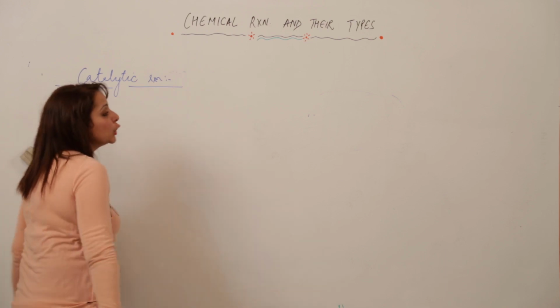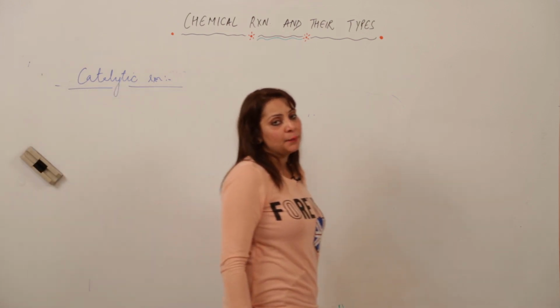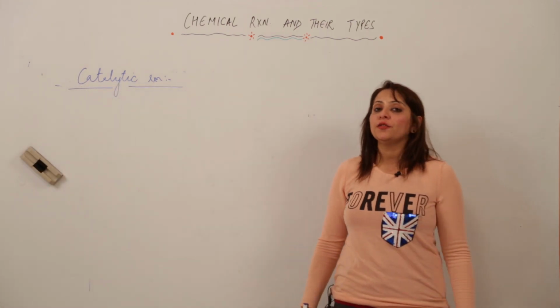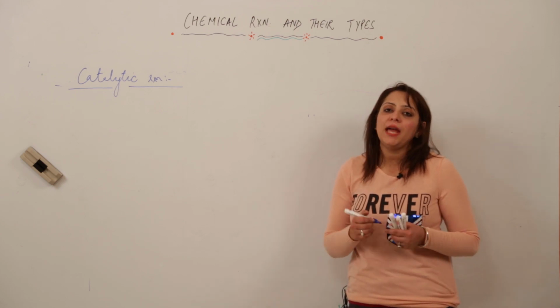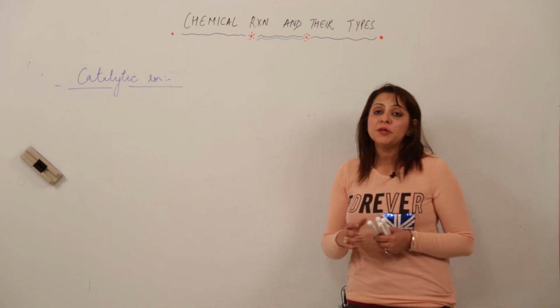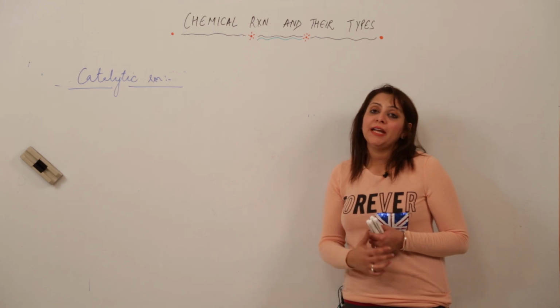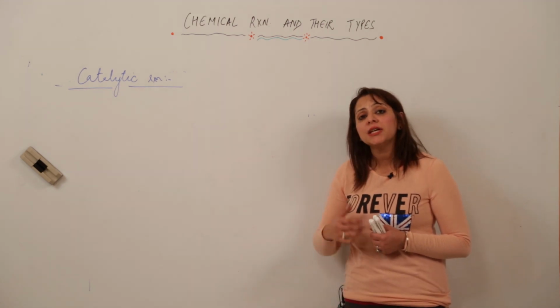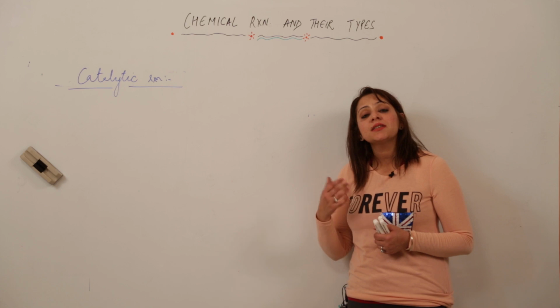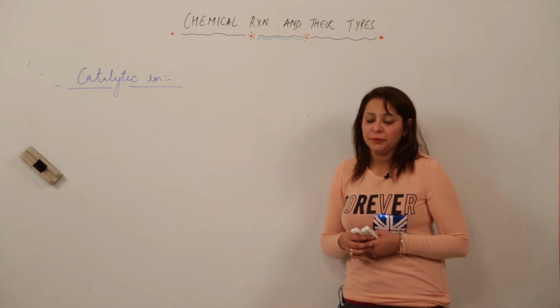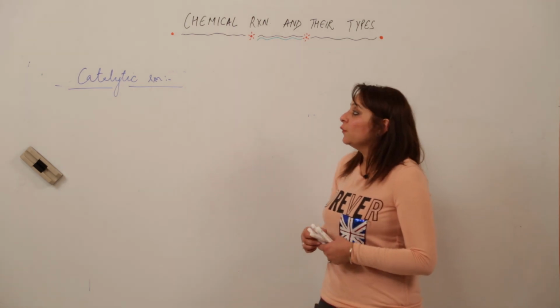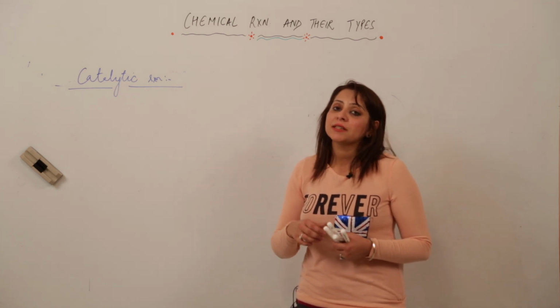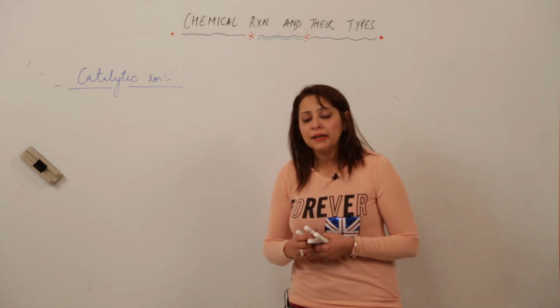A catalyst is a substance which increases the rate of reaction without undergoing any change in itself. It is an important property that it does not bring any kind of change in itself. It is just increasing the rate, just making the reaction happen, right? So any reaction which occurs in the presence of a catalyst comes under the category of catalytic reaction.